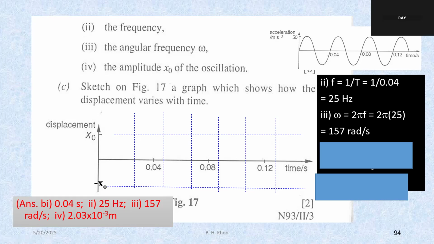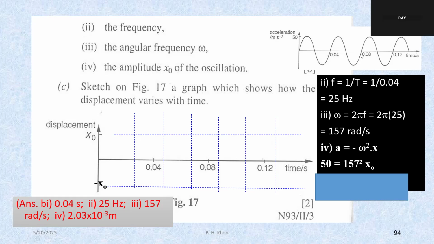Remember, the graph is acceleration, so you have to use the definition. That's the reason why they ask you to use the definition, because they wanted to use it. Omega we have calculated, a is 50 from the graph, omega square. Then from there you can calculate your x naught.